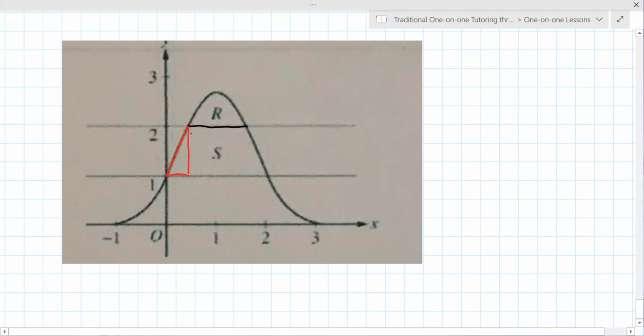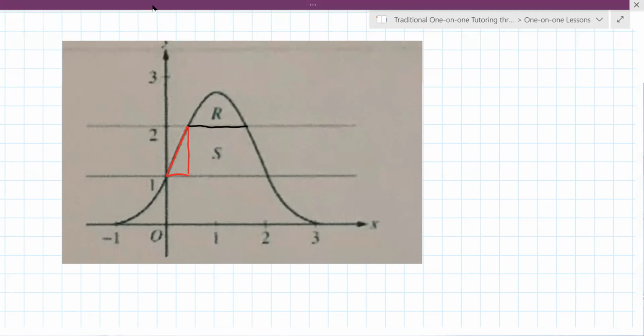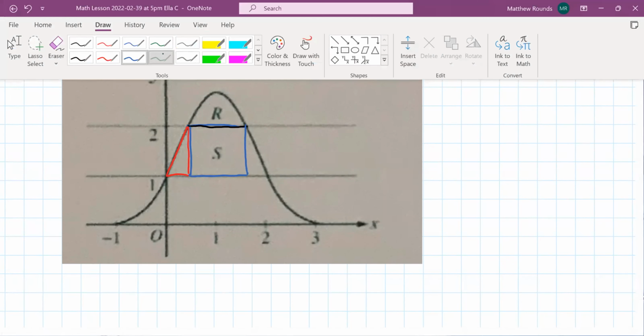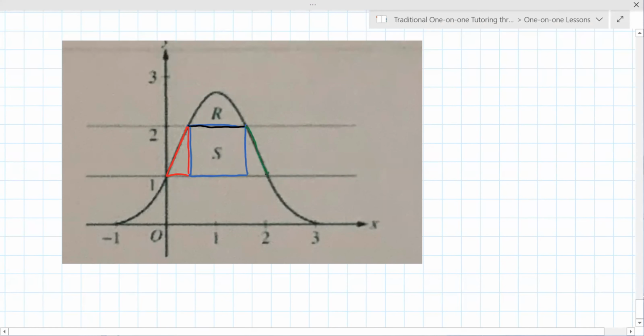But once you get between the two, let me draw that in blue, your top is the 2 and your bottom is the 1. And when you get over into this third region, the top is that function again, and the bottom is the line y equals 1. So it's actually 3 regions.